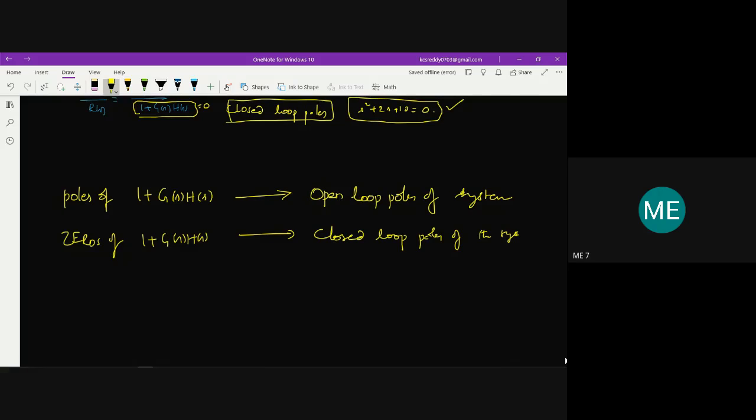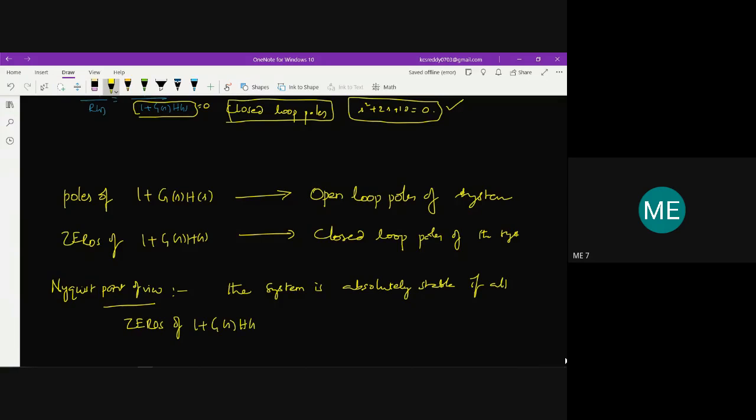So from the Nyquist plot point of view, we can say the system is absolutely stable if all the zeros of 1 plus g of s into h of s are located in the left half of the s plane. The zeros of 1 plus g of s into h of s are nothing but the closed loop poles of the system.